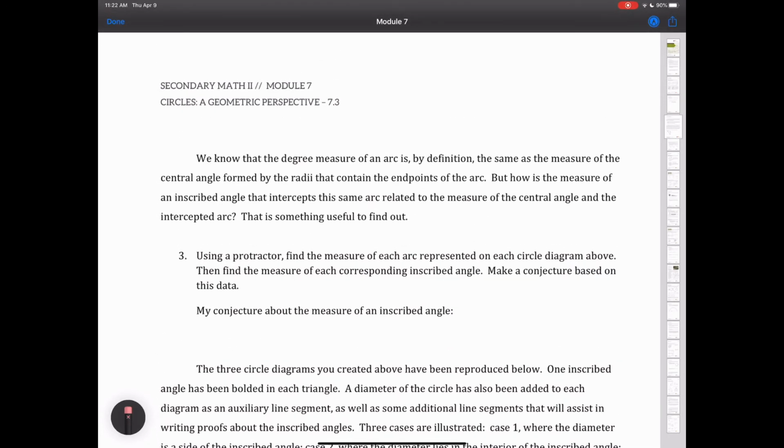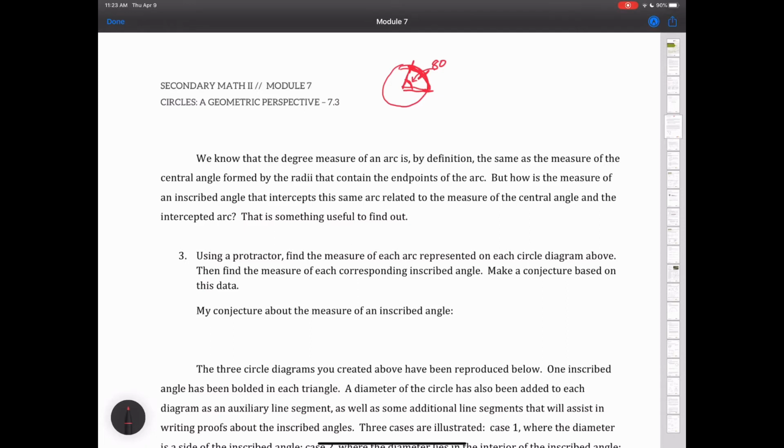If we have this section of arc, its degree measure is the same as this central angle measure. So if this is 80 degrees on the circumference itself, this will also be an 80 degree angle.